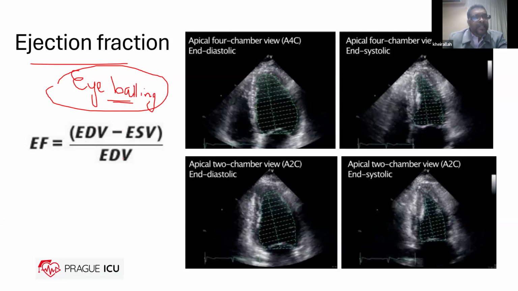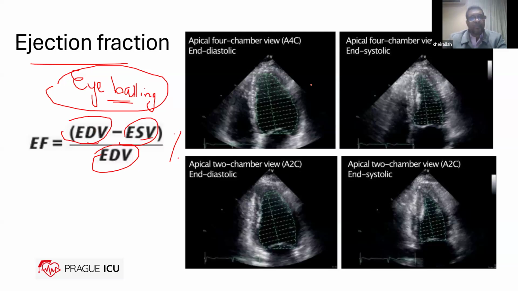First of all, let's understand what ejection fraction means. Ejection fraction is end diastolic volume minus end systolic volume, divided by end diastolic volume, in percent. So what I need is two volumes, end diastolic volume and end systolic volume.